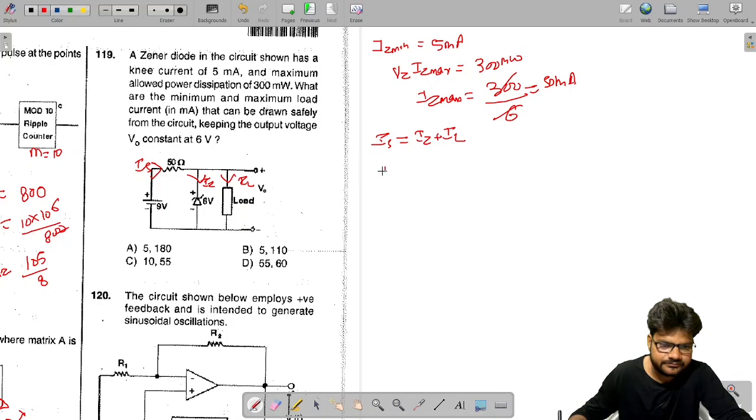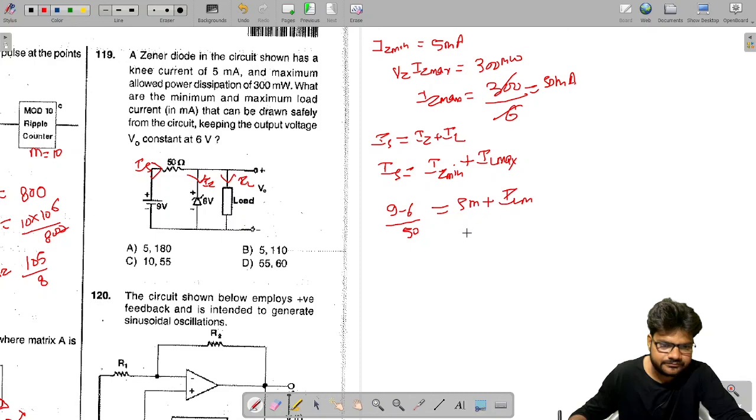If the Zener diode has minimum current, that is Iz minimum, then the load will have maximum, IL maximum. This is called load regulation, because the load is varying. Is is going to be 9 minus 6 by 50, equals Iz minimum, 5 milli, plus IL maximum.